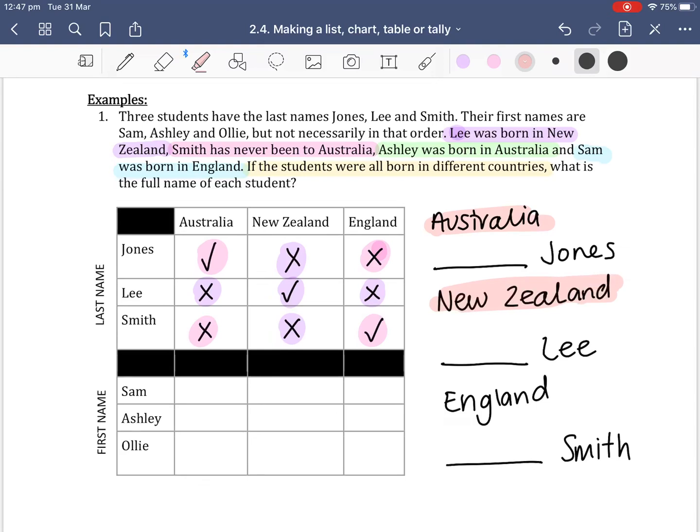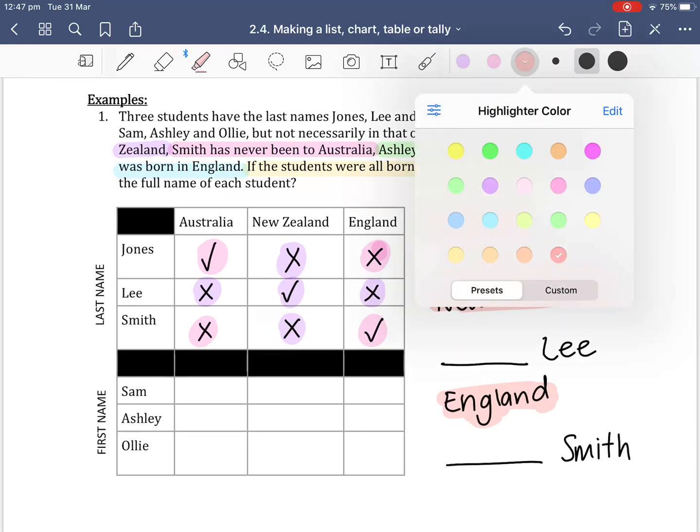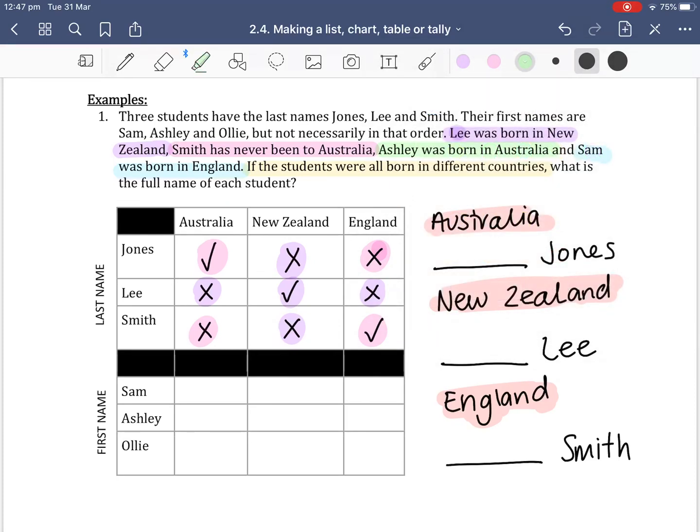So now let's look at our green piece of information. In our green piece of information, we have that Ashley was born in Australia. So if Ashley was born in Australia, we do a tick here. That eliminates that he was not born in New Zealand or England.